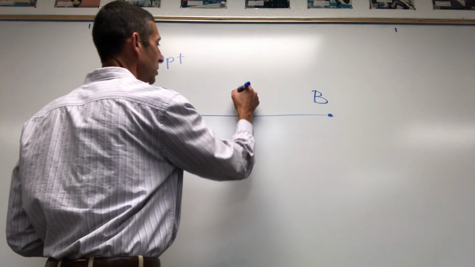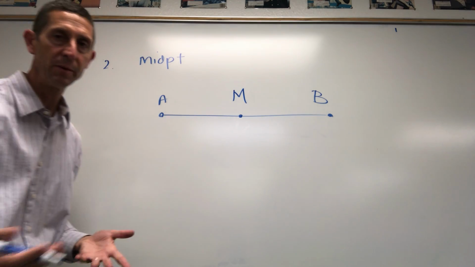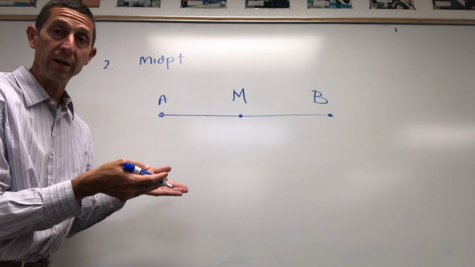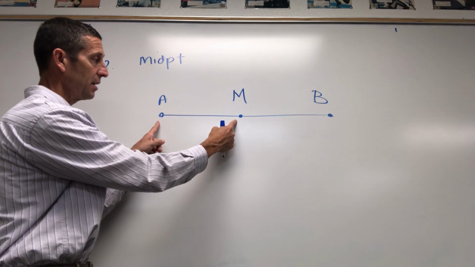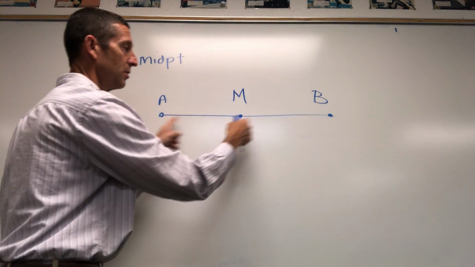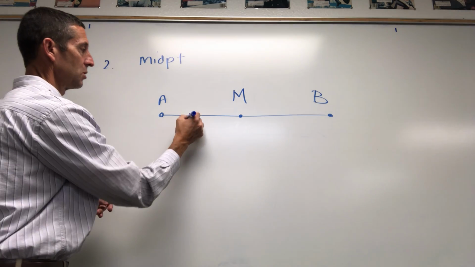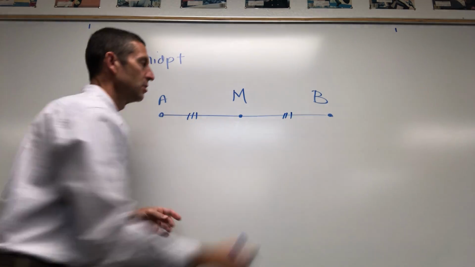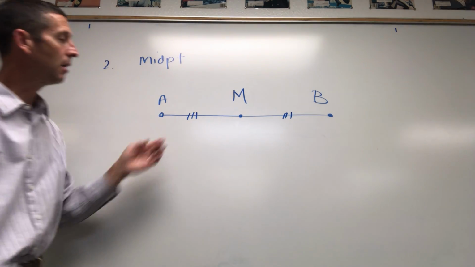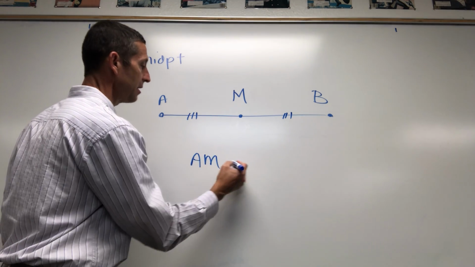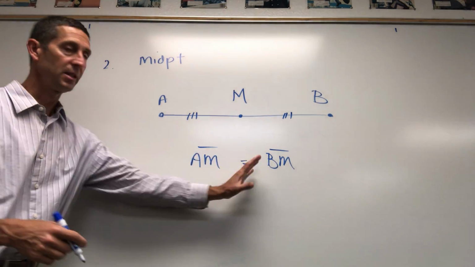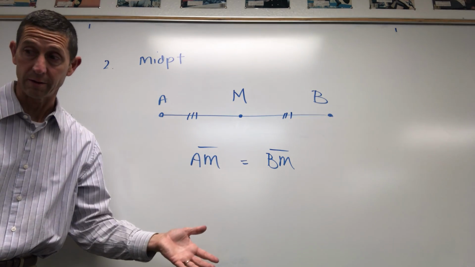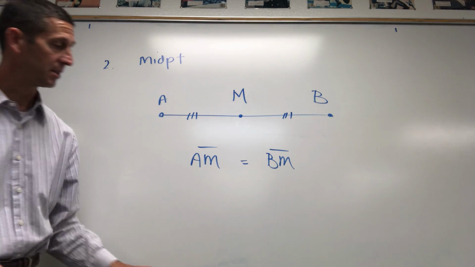We can use point M for midpoint. What the midpoint does is it splits it into two equal parts. So you have A to M and B to M, and these are exactly the same. With congruence marks, you can indicate that. You can show that AM is the same length as BM, and these two are equal to each other. So they do it with line segments.